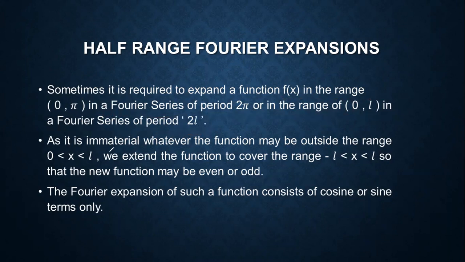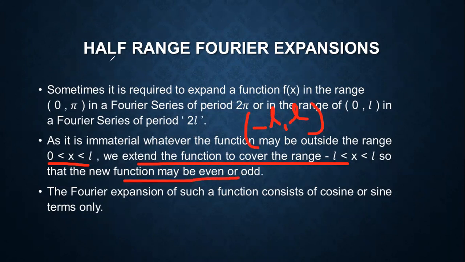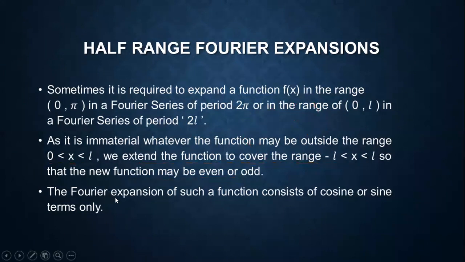Sometimes it is irrelevant whatever the function may be outside the range 0 less than x less than L. We extend the function to cover the entire range, minus L to L, so that the new function may be even or odd. The Fourier expansion of such a function consists of cosine or sine terms only.